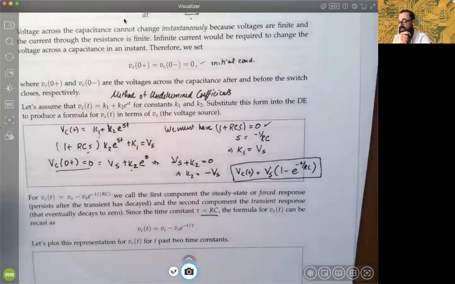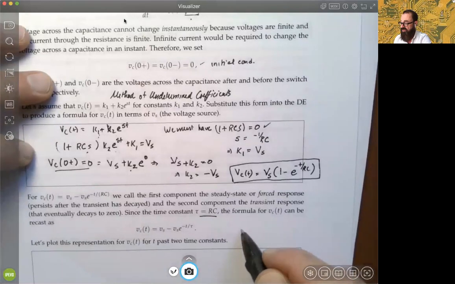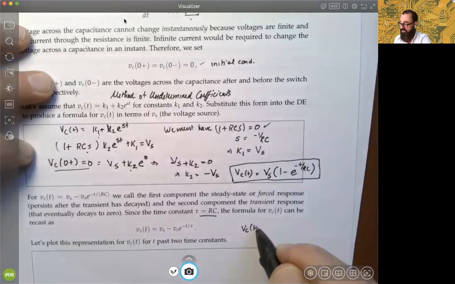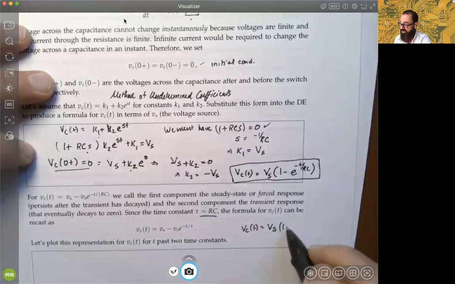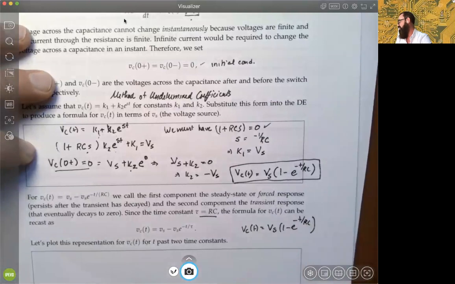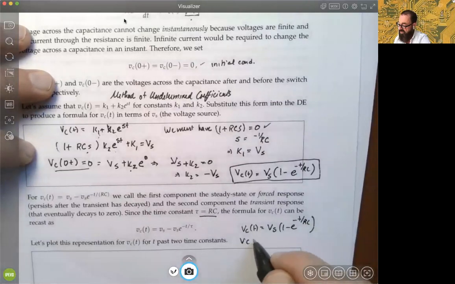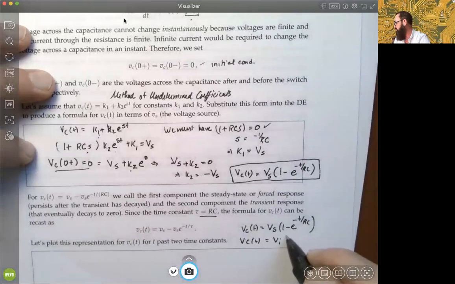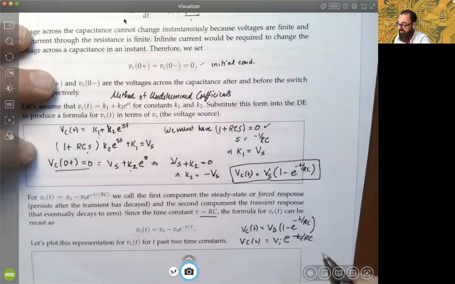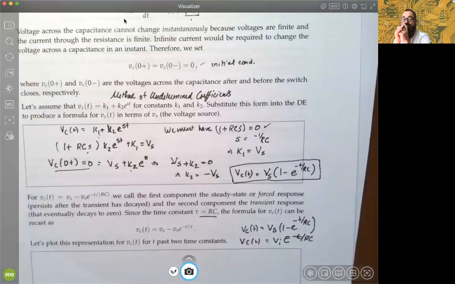So we're looking at the difference between this function, Vc of t equals Vs times 1 minus e to the minus t over RC, versus the function we had just a minute ago, Vc of t equals the initial voltage on the capacitance times e to the minus t over RC. Very subtle differences here. They look very similar, don't they? But they're actually very different.